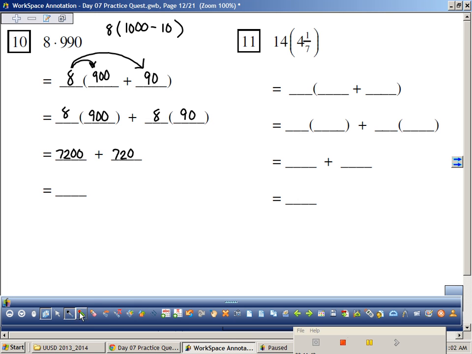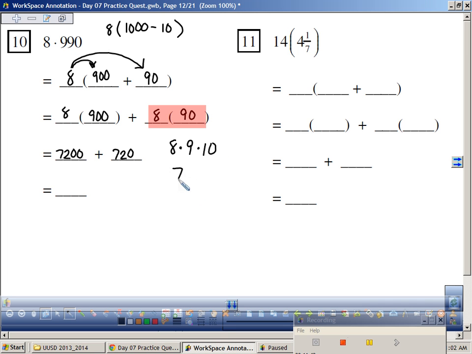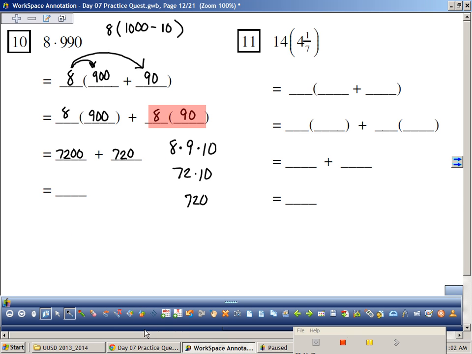It's like saying this, guys. This whole problem right here is almost like we're kind of doing it in our head. It's like saying 8 times 9 times 10. Isn't 8 times 9 72? Right? I'm doing that problem right there in my head.